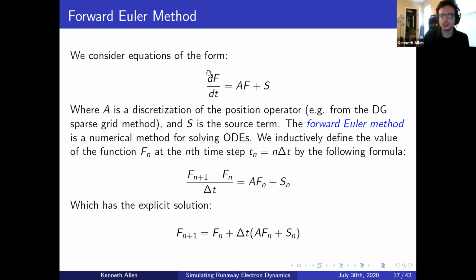The first thing we can do is discretize this differential operator as a finite difference: the value of the function at the next time step minus the value at this time step, divided by the size of our time step. This is called the forward Euler method, and it has an explicit solution. We can explicitly solve for the value of f at the next time step with this formula here.